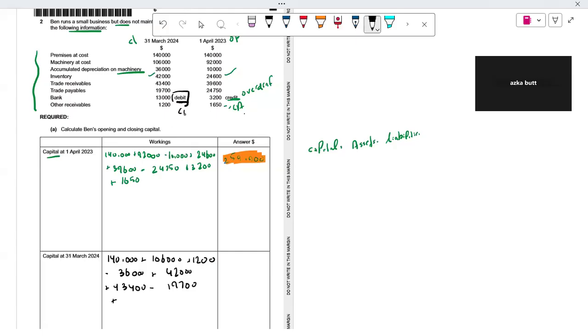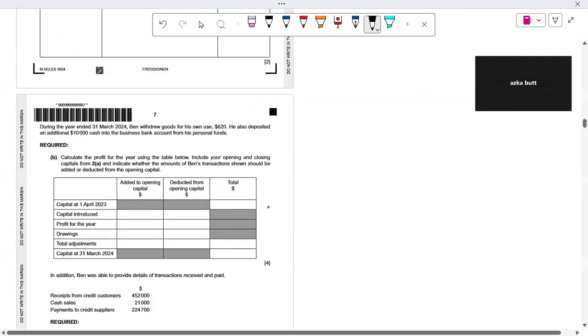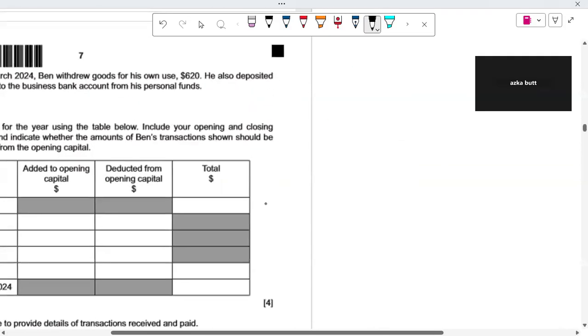It means that this is part of current assets, not current liabilities. Okay, and now the answer is 289,900. So this is the closing capital.